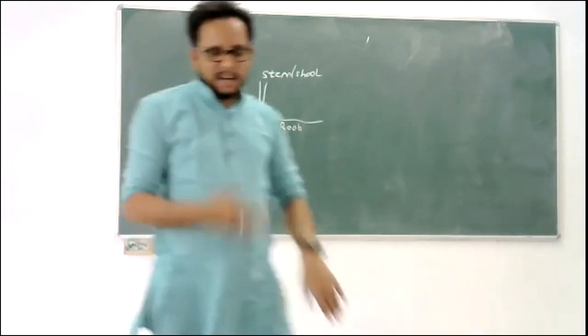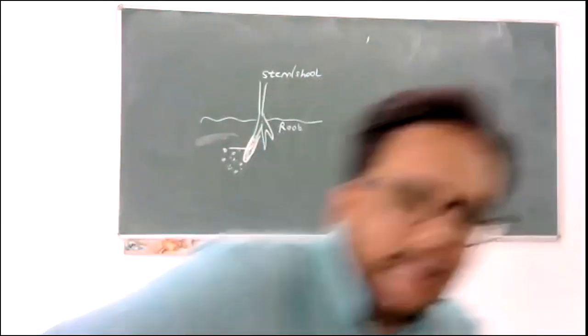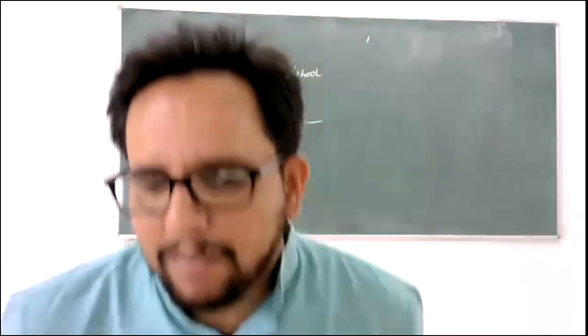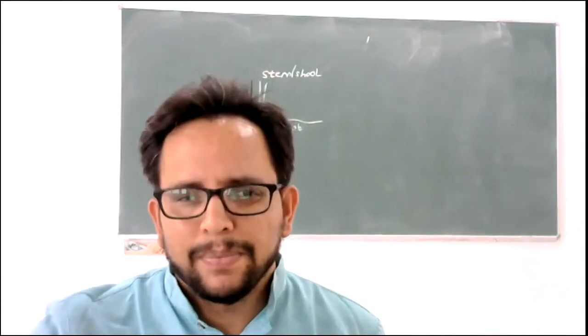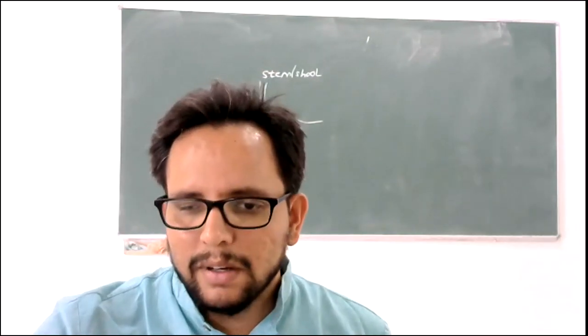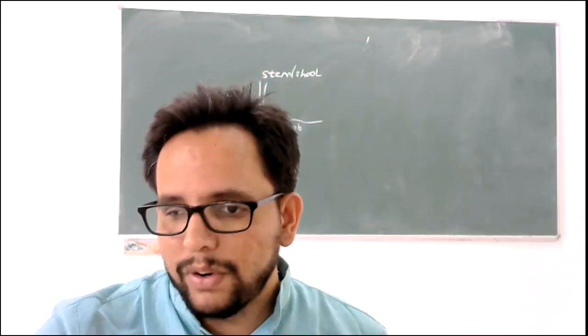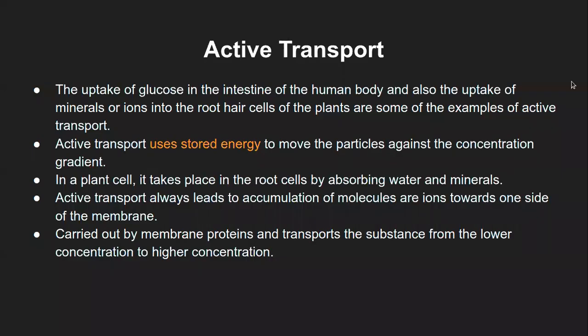So I hope that part is clear. And same is the case with the intestine, like we discussed earlier. So that is the active transport process, and that's why these two examples are given here.